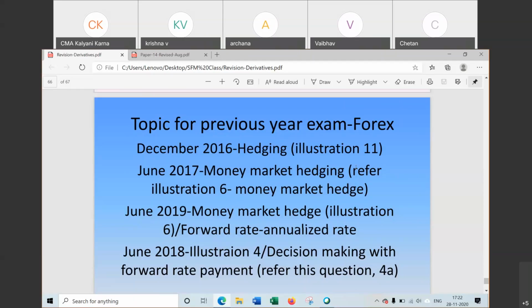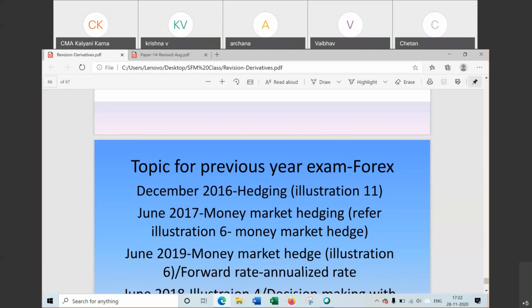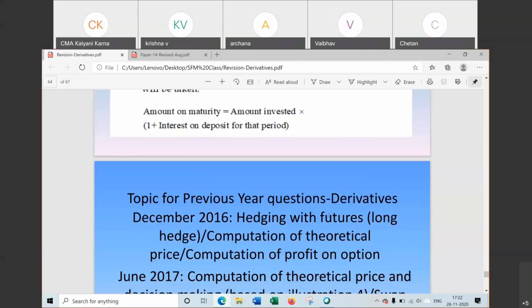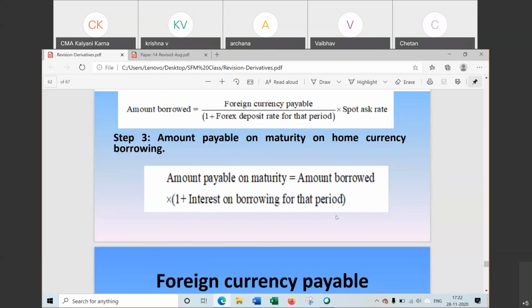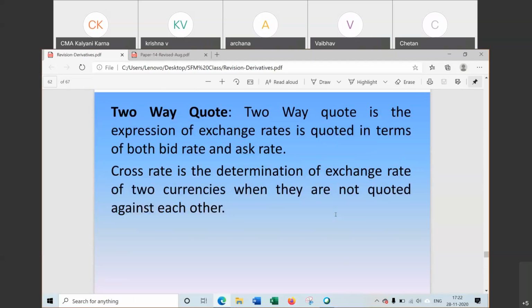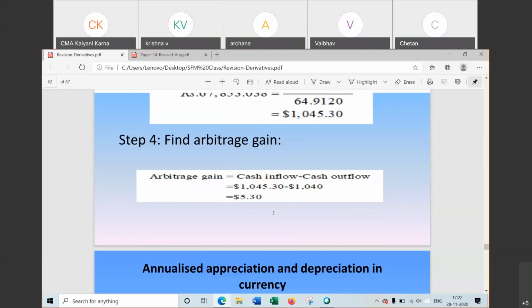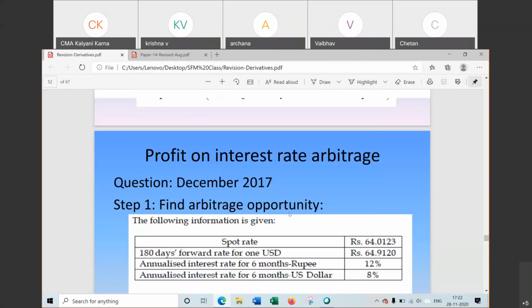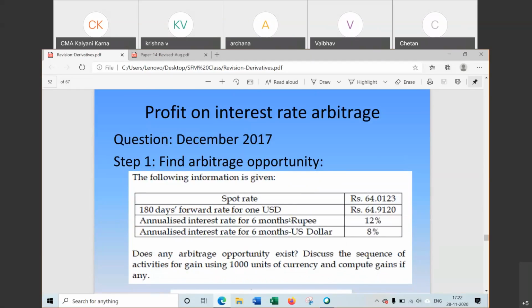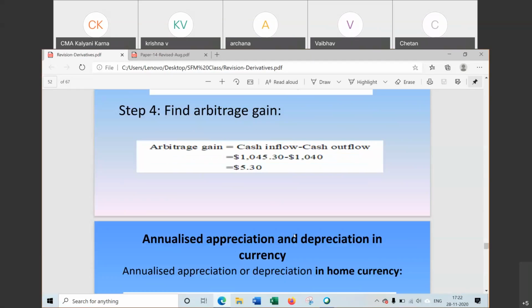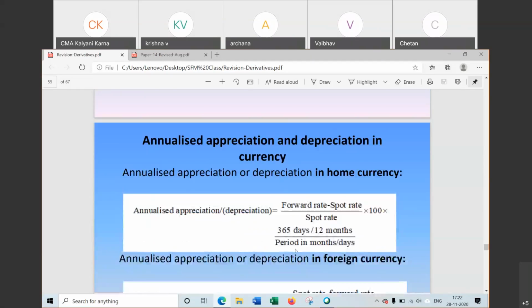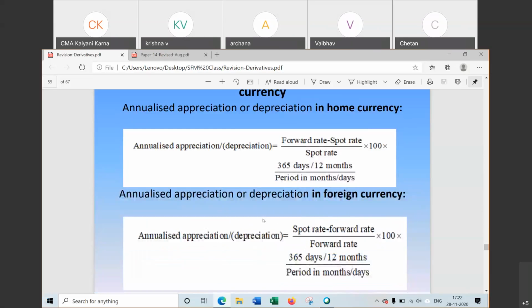So illustration 8, 11, 6, 4. Money market has annualized appreciation depreciation, that is this formula. And there is one more topic in this, that is computation of net present value. Illustration 13, 14, 15.